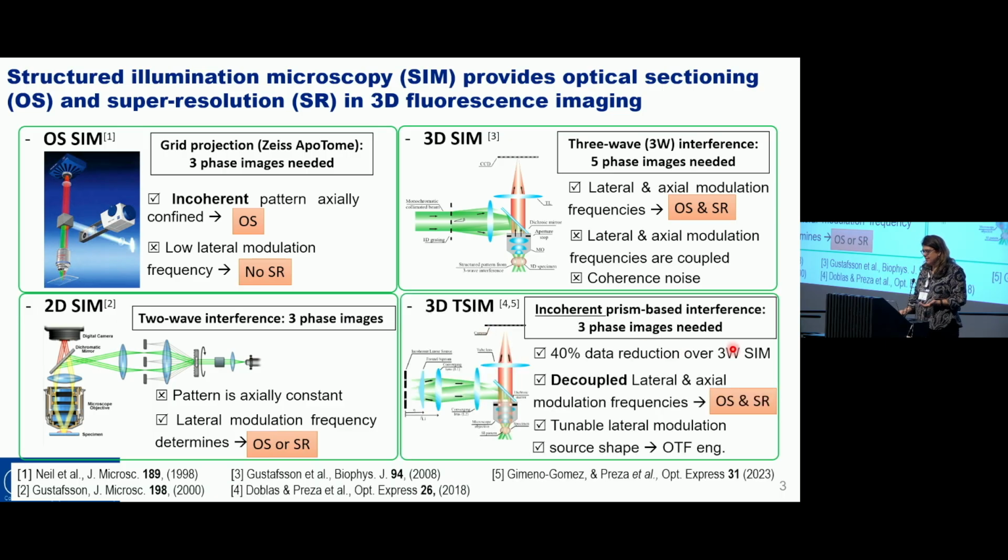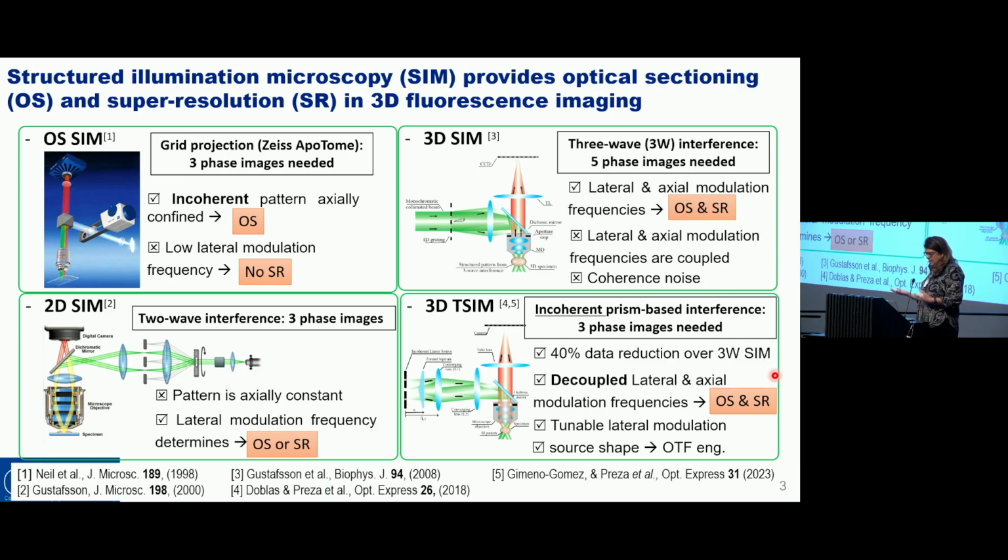And a new system that we have been developing for several years now, which is the only 3D SIM incoherent light-based system that creates the structured illumination pattern using a prism, and I'll talk a little bit more about it. So compared to the 3-wave illumination system, it only needs 3-phase images, so you get 40% data reduction.